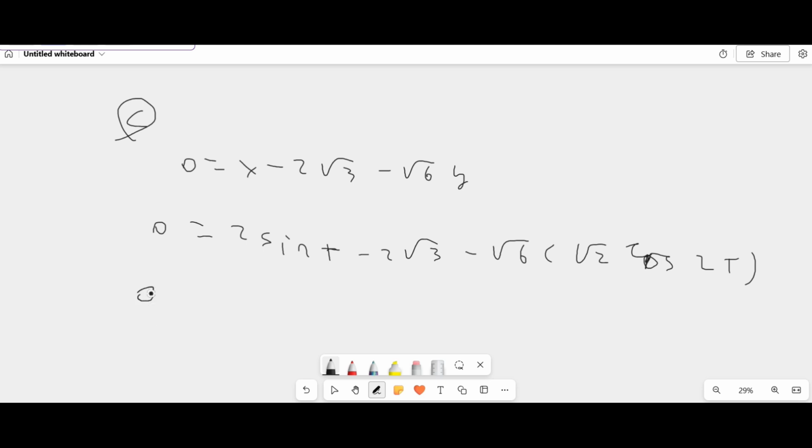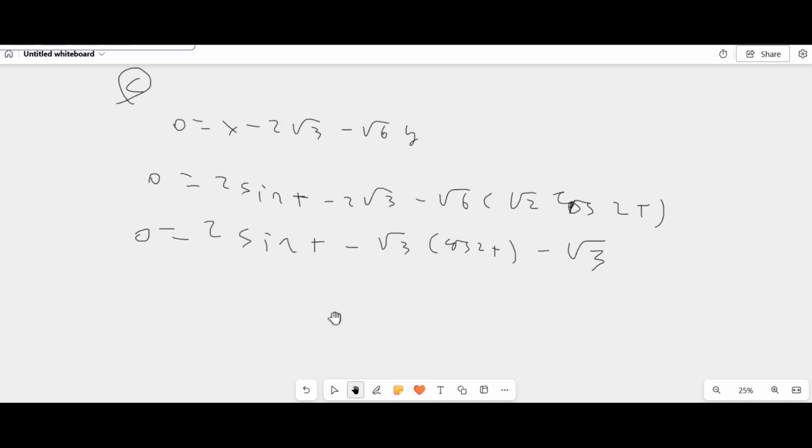Times root 6 by root 2, we're going to get 0 is equal to 2 sine t, negative root 3 cos 2t, negative root 3.